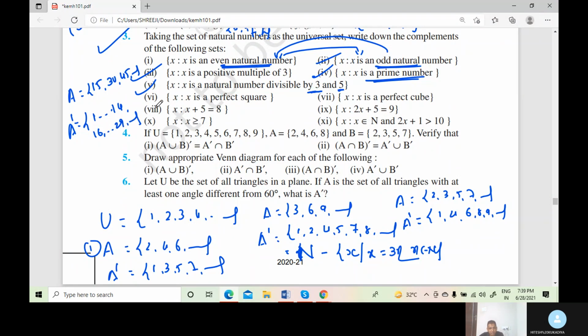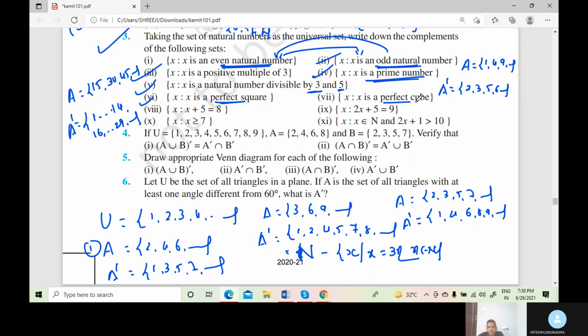Clear, students? Okay, now the sixth one. X is a perfect square number. Perfect square means the square root is possible. We write here A equals 1, 4, 9, and so on. So its complement is 2, 3, 4 cancel, 5, 6, and so on.